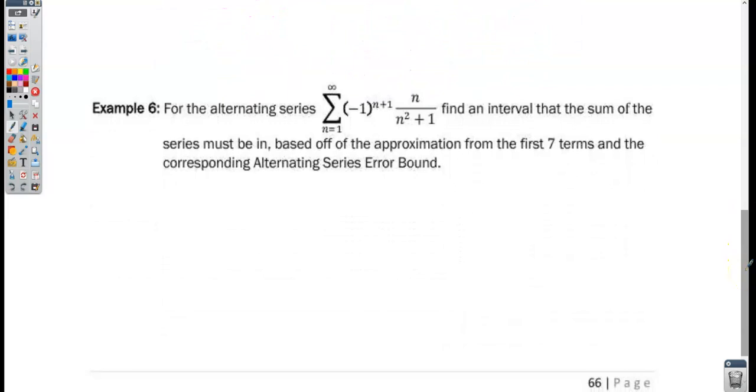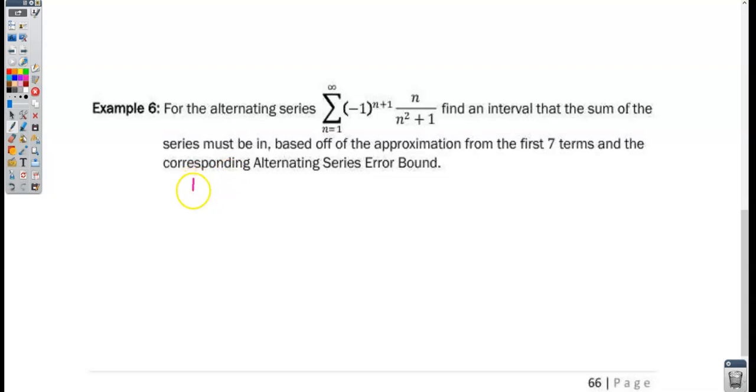All right. And example 6. For the alternating series blah, find an interval that the sum of the series must be in based off of the approximation from the first 7 terms and the corresponding alternating series error bound. This is almost identical to example number 4, except we are going to use a few more terms. So first I'm going to find the first 7 terms.